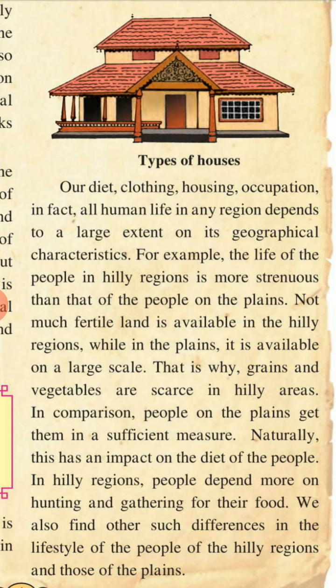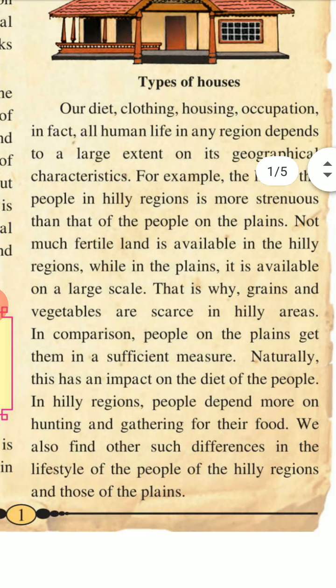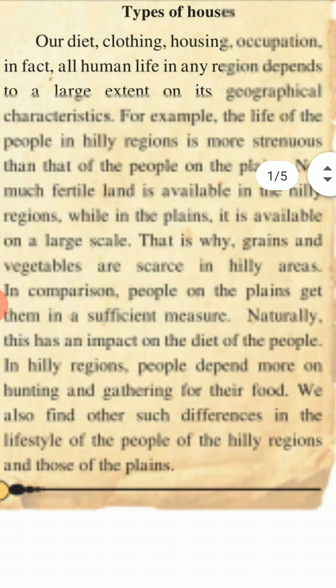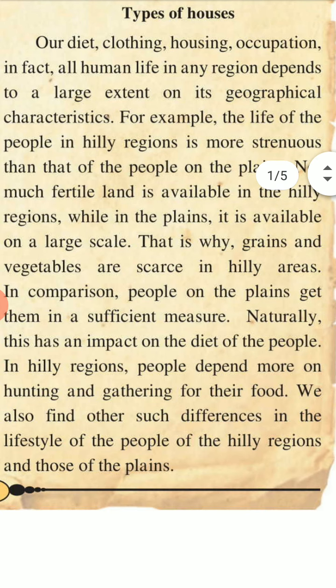For example, the life of the people in hilly regions is more strenuous than that of people on the plains. Not much fertile land is available in the hilly region, while in the plains it is available on a large scale. That is why grains and vegetables are scarce in hilly areas.